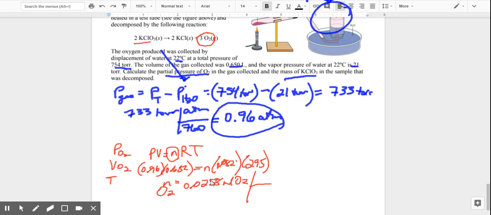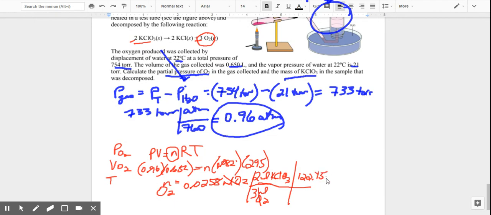Now my approach is just stoichiometry. I have moles of O2. To convert to moles of KClO3, I'm going to use my mole-to-mole ratio, which is a 3-to-2 ratio. So I have 3 moles of O2 for every 2 moles of KClO3. And now that I'm in moles of KClO3, I've gotten out of moles of O2, all I have to do is use that molar mass. So adding up the molar mass of KClO3, you end up getting 122.45 grams.